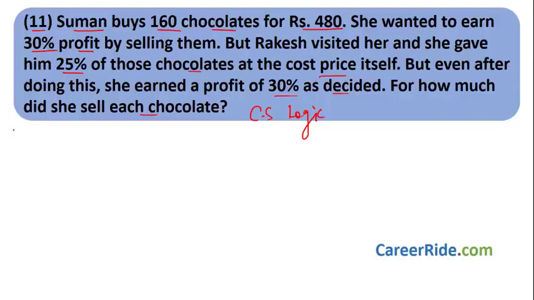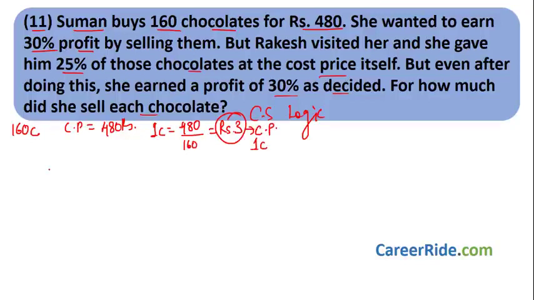Let us see how. Suman bought 160 chocolates. Cost price for those chocolates is 480 rupees. So one chocolate was bought for how much? One chocolate price is 480 divided by 160, that is rupees 3. This is the cost price for one chocolate. Now Rakesh visited her. She gave 25% of the chocolates to Rakesh at the cost price.